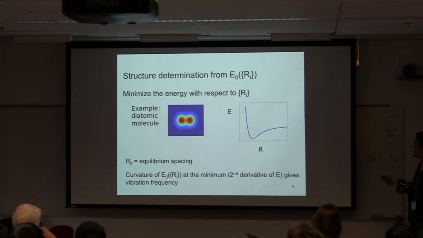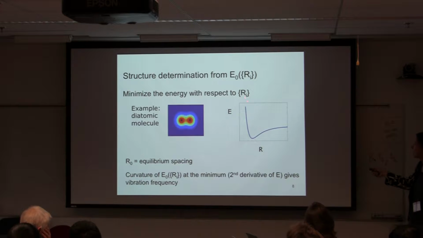Well, the most obvious thing you can do is structure determination. So if I have ions moving in an interatomic potential, then the ground state structure, since I'm generally going to treat the ions classically, would just be to minimize the energy with respect to the ionic positions.